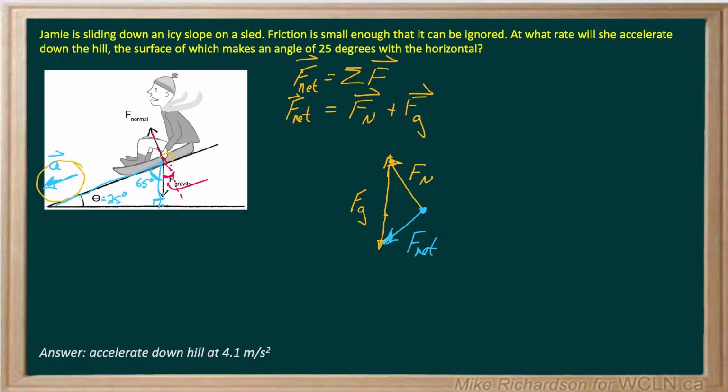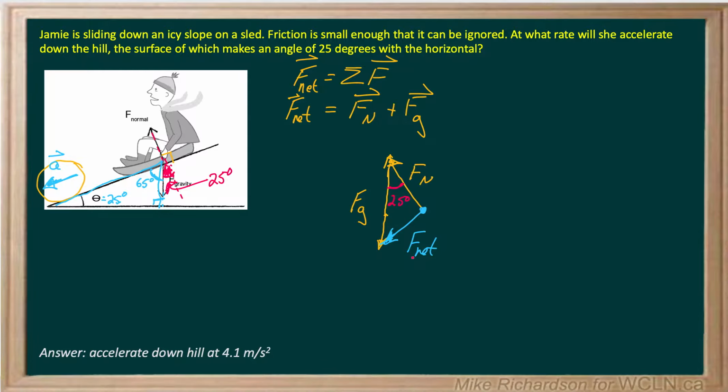So this little angle right in there, which I will shade, is 25 degrees. And remember, that's because the normal force makes 90 degrees to the ramp. So those two angles, the 65 and the 25, have to add to 90 degrees. So the angle between force of gravity and the normal force, this angle right in here is 25 degrees. And now we can go and finish our problem.